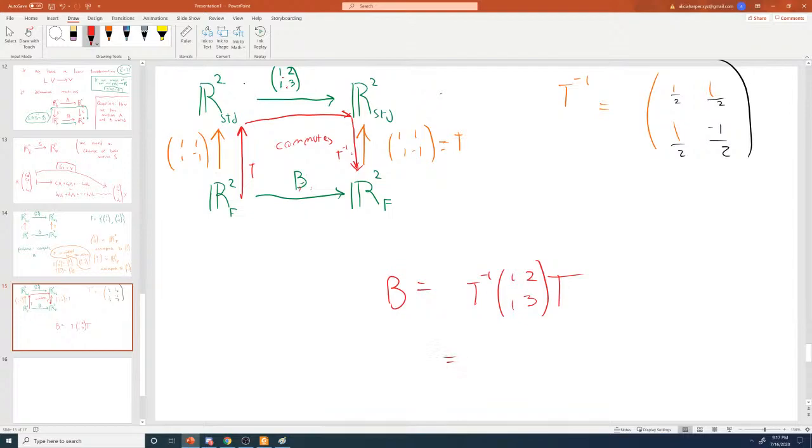So this is the same thing as [1/2, 1/2; 1/2, -1/2] times [1, 2; 1, 3] times [1, 1; 1, -1].